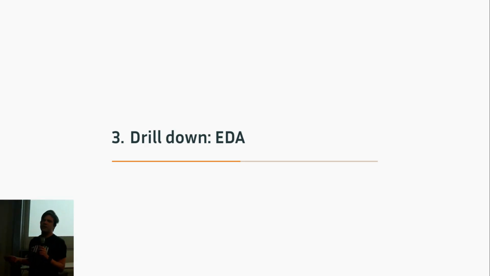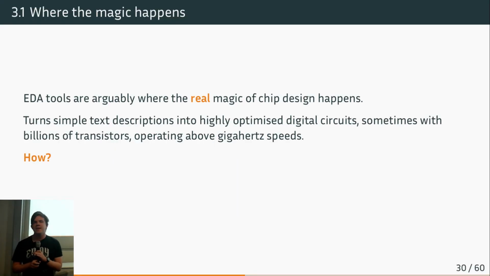So yeah, let's talk now about EDA. In my opinion, EDA is arguably where the real magic of chip design happens. I mean, obviously the designers are very, very talented and it's a very difficult job, but EDA is what enables these simple text descriptions to be turned into highly, highly optimized digital circuits, sometimes with billions of transistors that operate at gigahertz speeds.